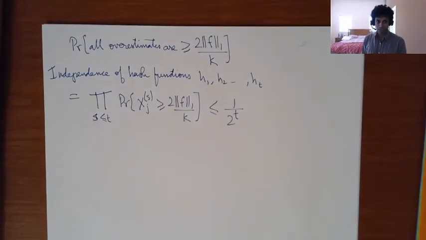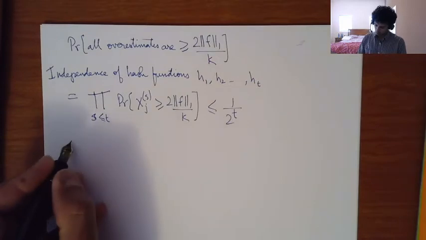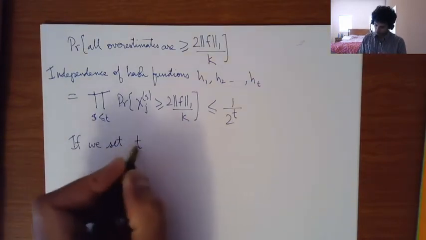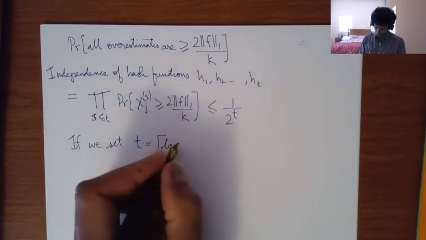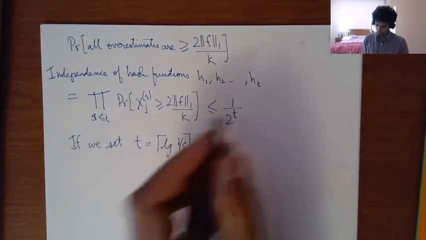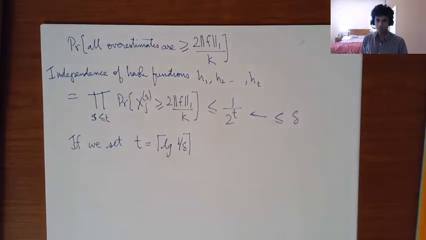So it decreases exponentially in the number of hash functions that you choose. So if we set t to be the ceiling of log 1 over delta, then this probability is at most delta. And then that gives you the analysis.